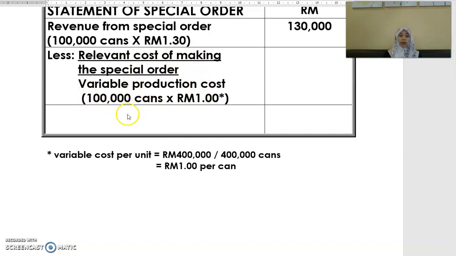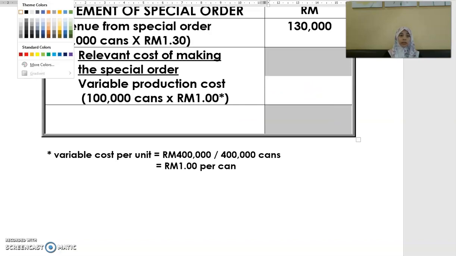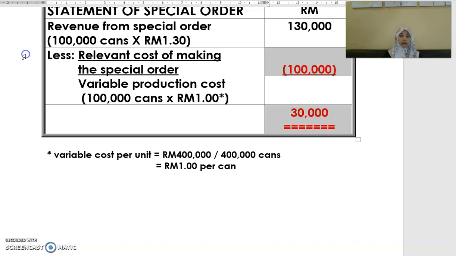So you are making 100,000 cans times your 1 ringgit per can, which gives you 100,000 ringgit. You compare that 130,000 with your 100,000, which gives you a profit of 30,000 ringgit.